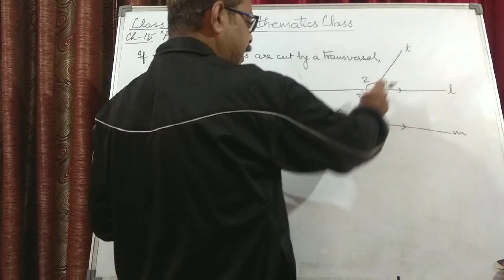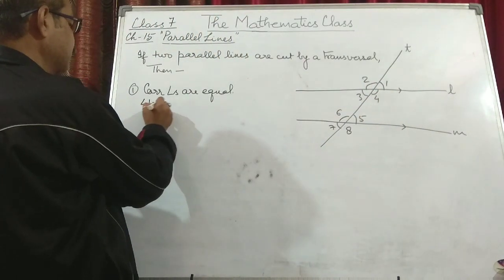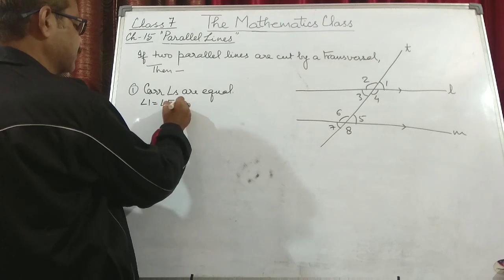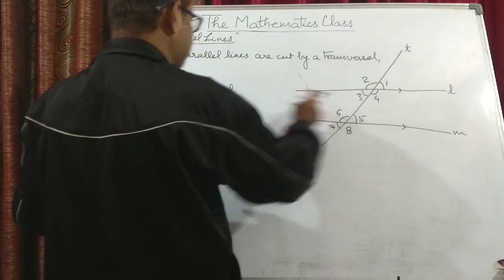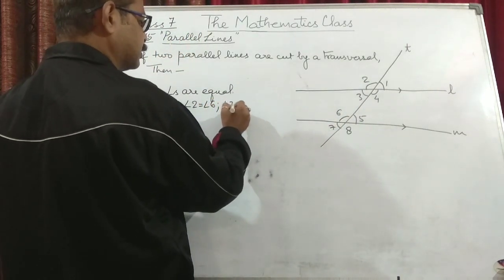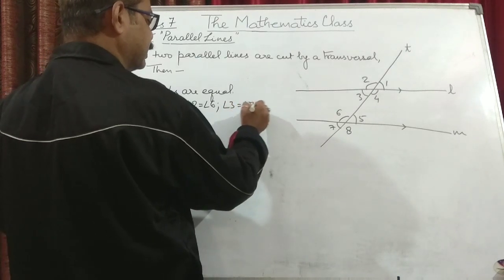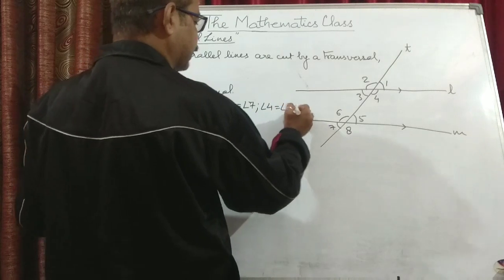So angle 1 and angle 5 are corresponding, so you can say angle 1 is equal to angle 5. Then angle 2 is equal to angle 6. Then angle 3 will be equal to angle 7 and angle 4 will be equal to angle 8.